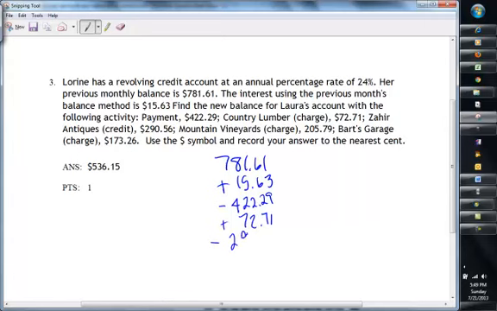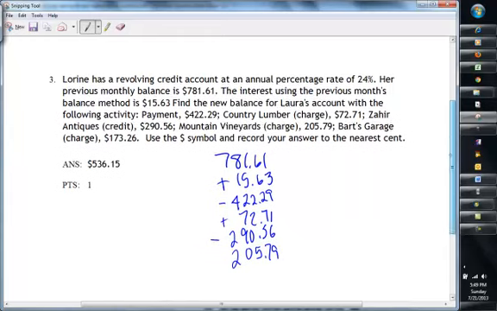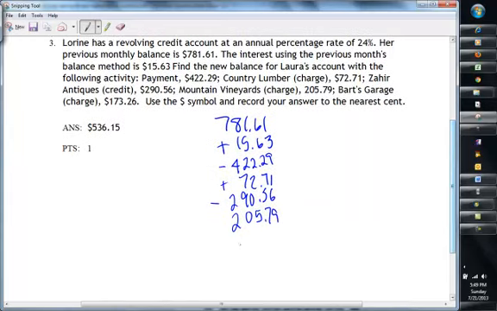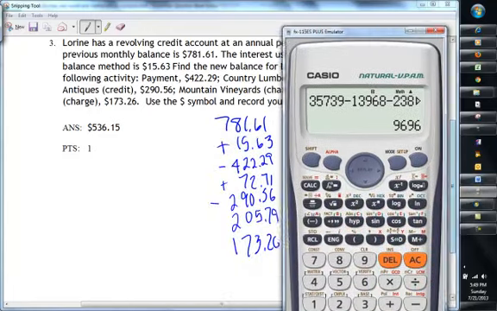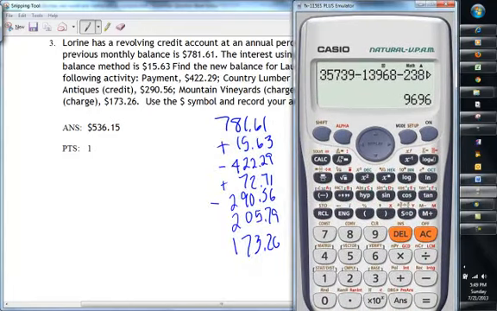Subtract the $290.56. Maybe she returned some stuff to the antique store. Add $205.79 and add $173.26. So let's take out our calculator and let's go to work.